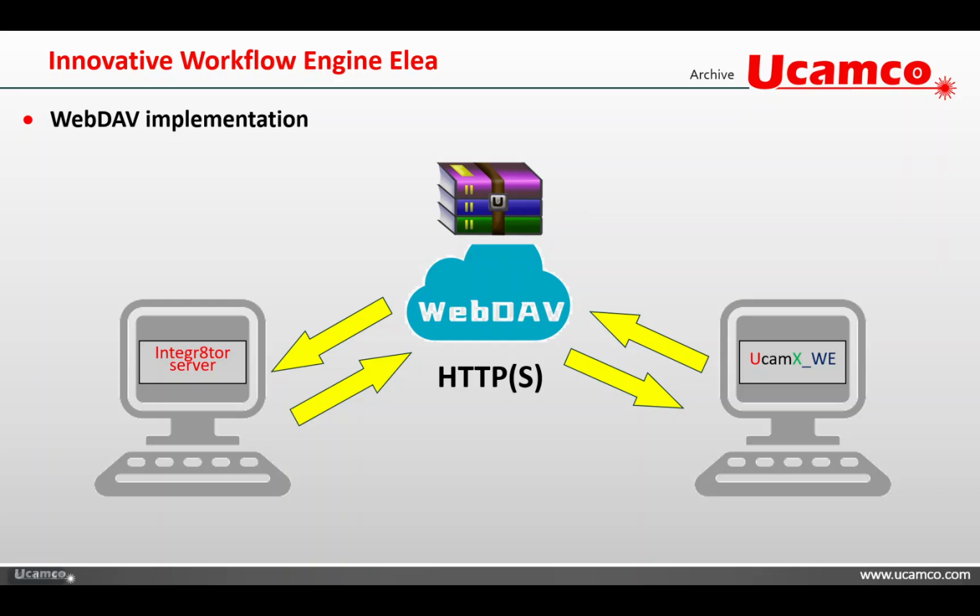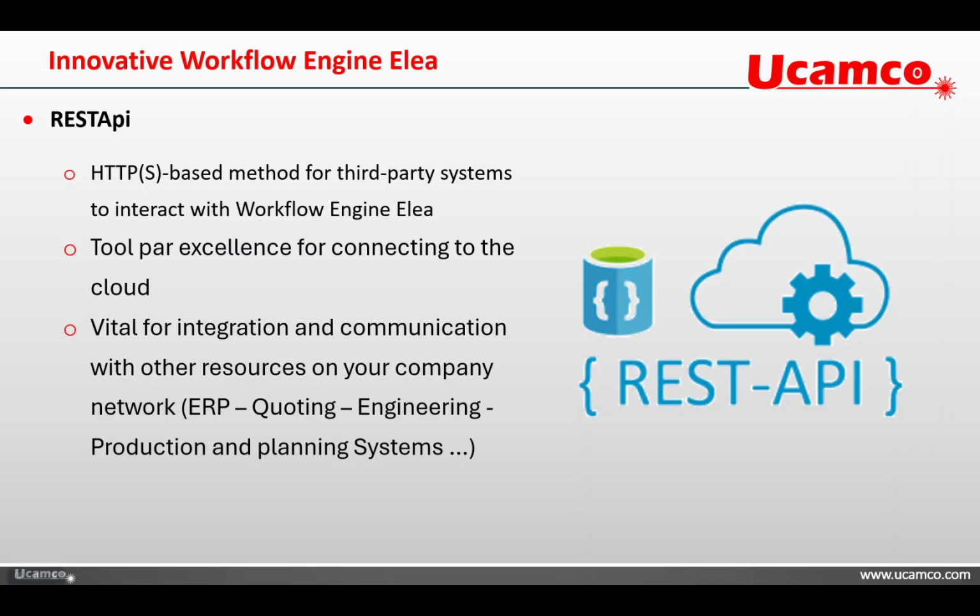The other one is the front end with a Nexus JobAdjuster, for instance, and from the JobAdjuster you want to go to UCAM XWE. This HTTP or HTTPS protocol, depending on your setup, is going to take care that the DPF and job data on the server get compressed first, then transferred to the client where they get uncompressed and loaded into the UCAM XWE application completely transparently. So as a user, you don't really notice.